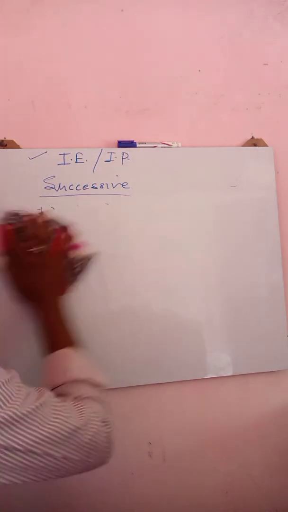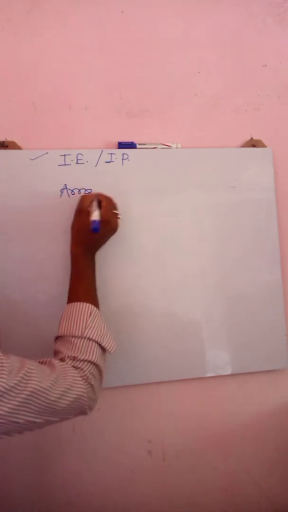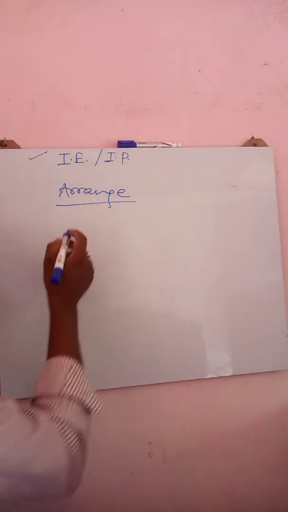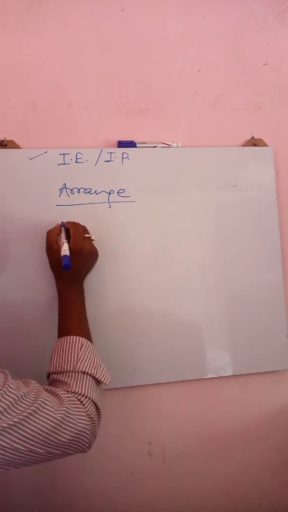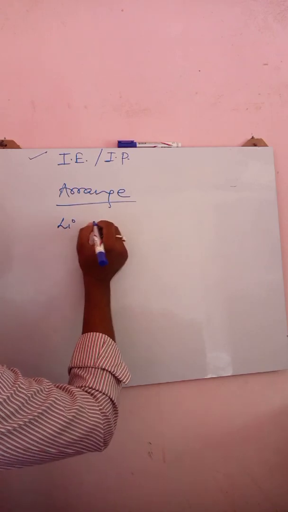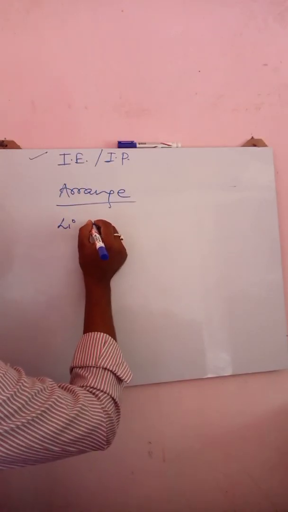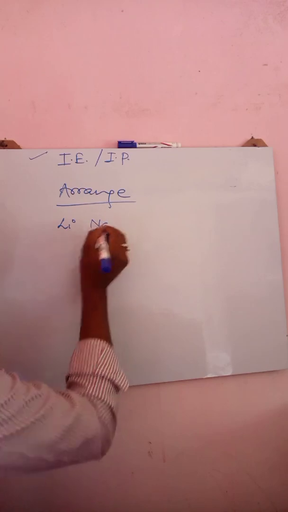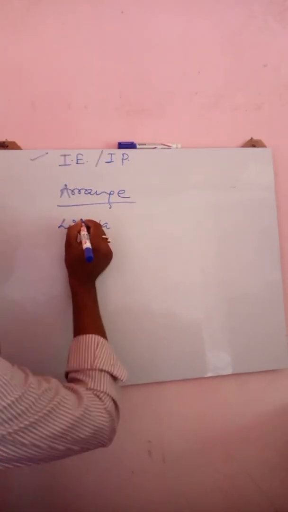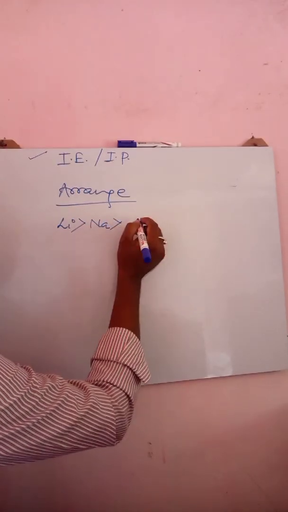A question may come in the exam: arrange the following in increasing order, or which among the following is correct? For example, first option: lithium is greater than sodium, sodium is greater than potassium.